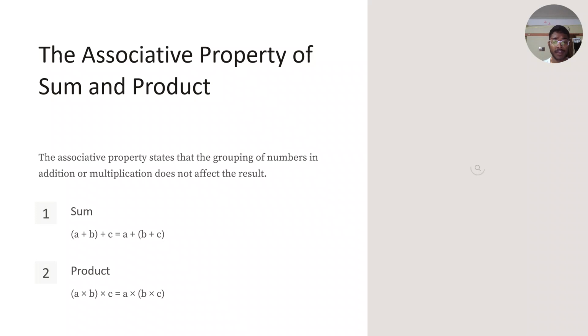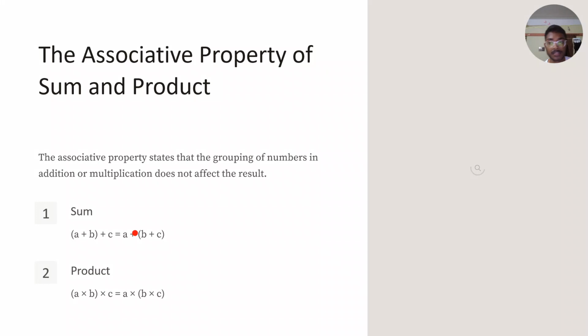If you add a plus b and then add c, or add a to b plus c, you will have the same value. That is similar to the product rule, where a cross b, cross c is equal to a cross, b cross c. So on adding or multiplying, you will get the same output.